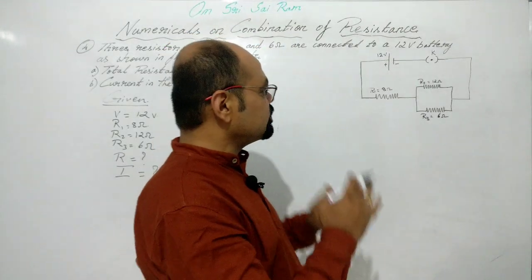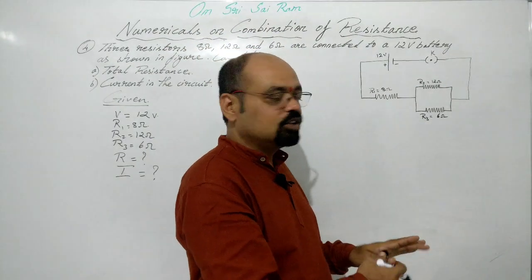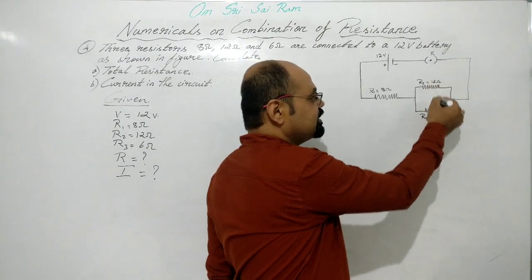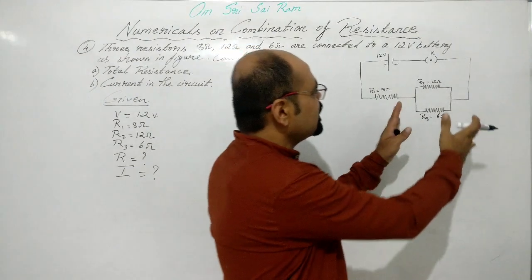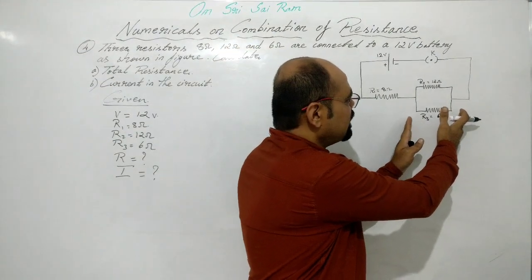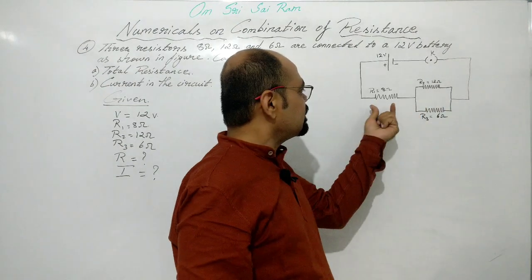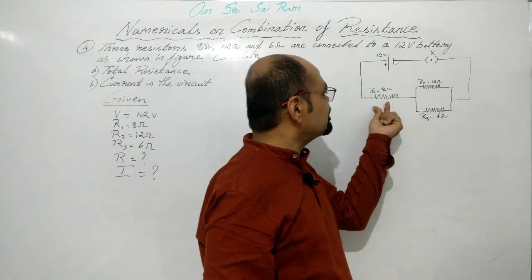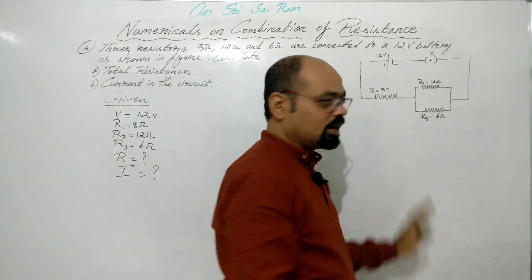Now let's study the circuit. When you see the resistors connected here, you can easily identify that these two resistors are connected in parallel. So here we have to use the formula for the parallel connection. And here there is one resistance, which is connected in series to the parallel combination of R2 and R3.